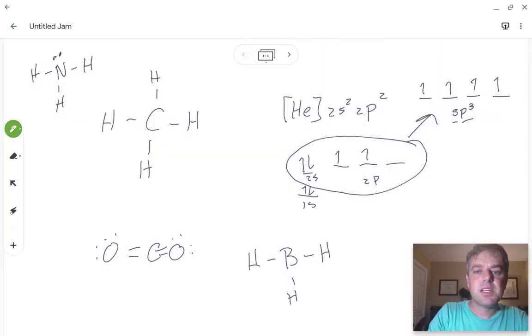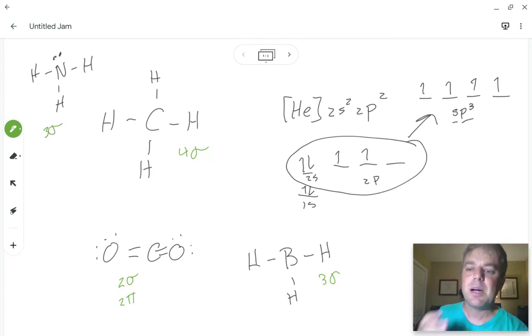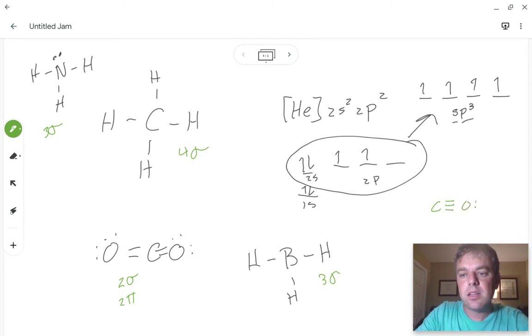If we go back over here, the CO2 molecule has two sigma and two pi. BH3, it's just three sigma bonds. CH4, it's four sigma bonds. NH3, it's three sigma bonds. So a double bond is a sigma and a pi. A triple bond, for instance, in the carbon monoxide, has one sigma and two pi bonds.